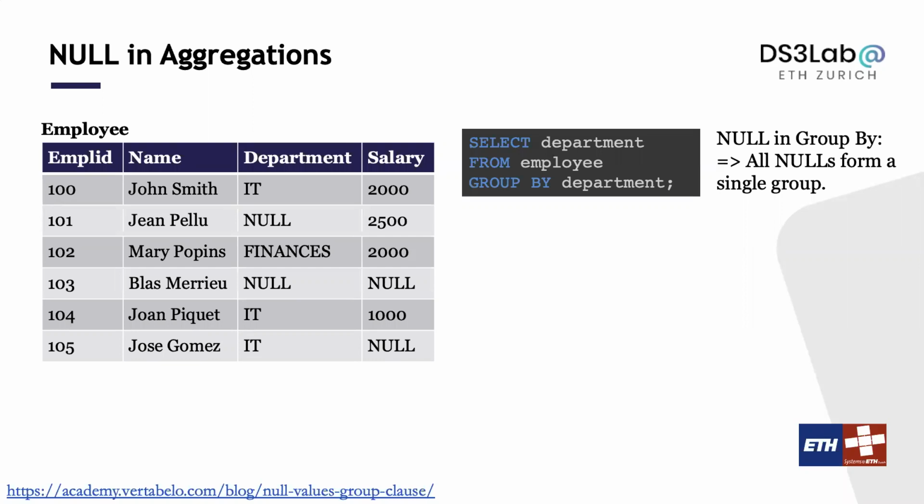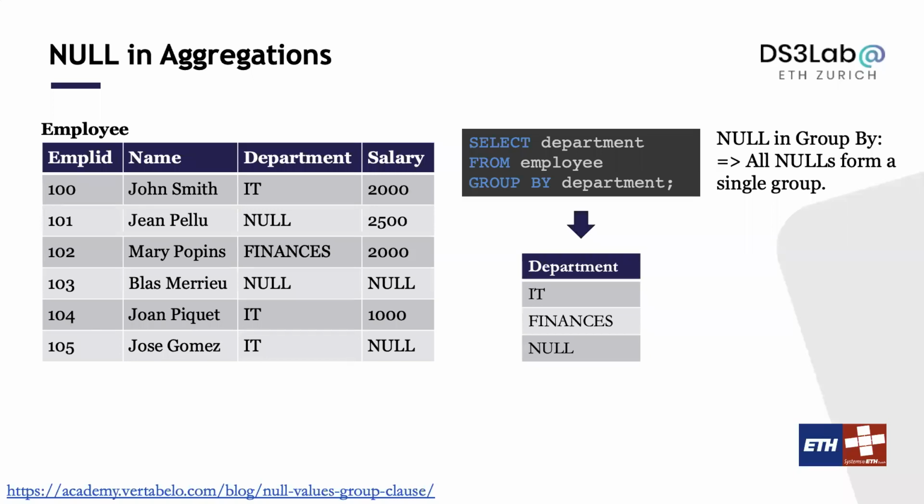Whenever you have null in the group by attributes, essentially all the nulls are going to form a single group. For example, here I have relation employee with employee ID, the name, the department, the salary. And then I have the group by query. I group by department. Essentially for every single value of department, I have a group, and then I aggregate them.